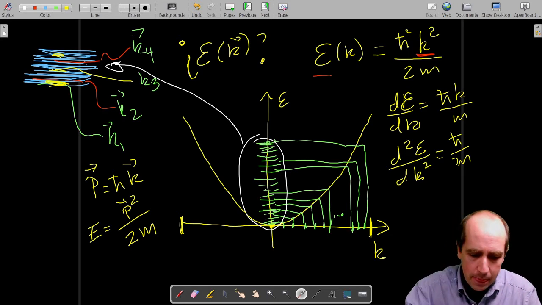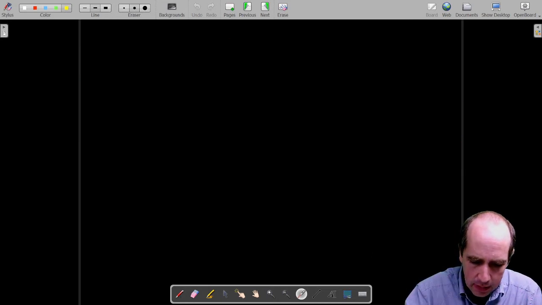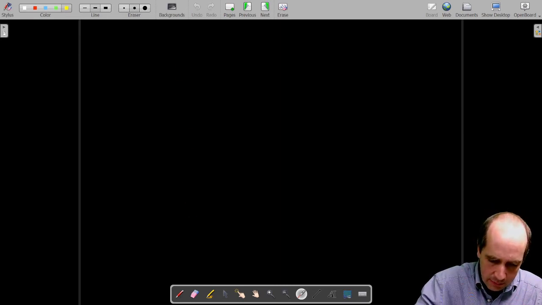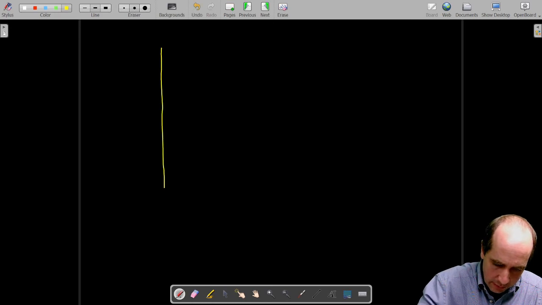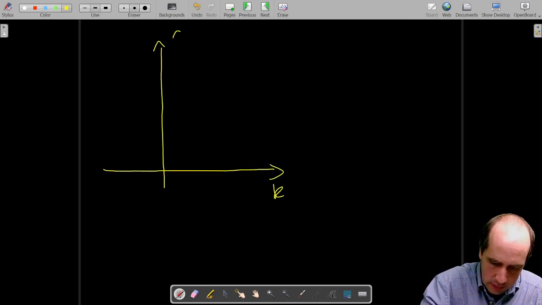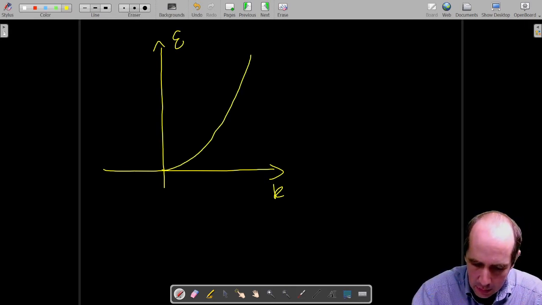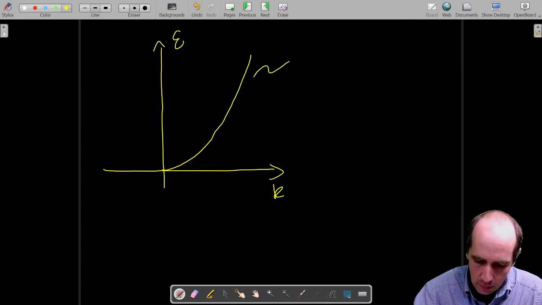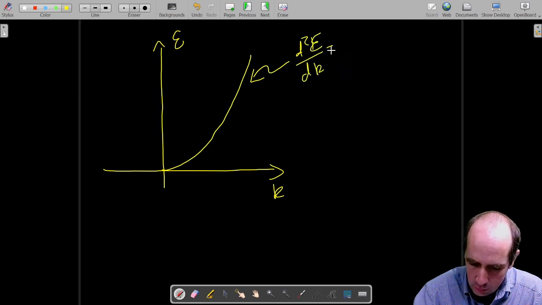If we move on to a new page where we have a little bit more space, we have this relationship between the k vector and the energy, which is a parabola, and the second derivative of the energy with respect to k will be h bar divided by m.